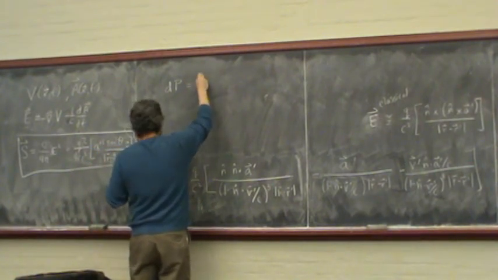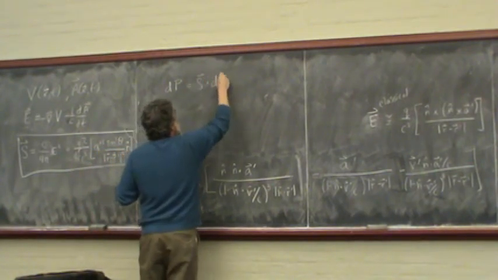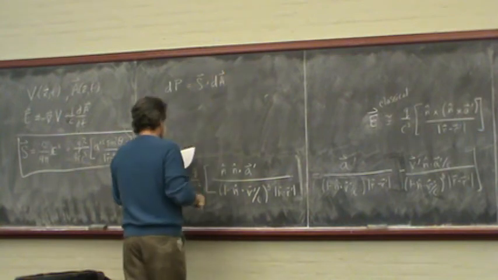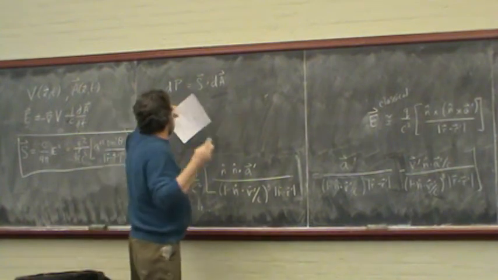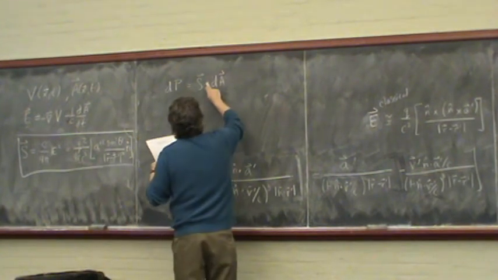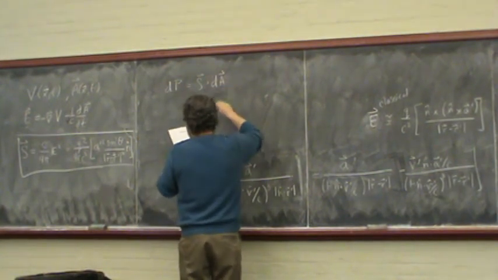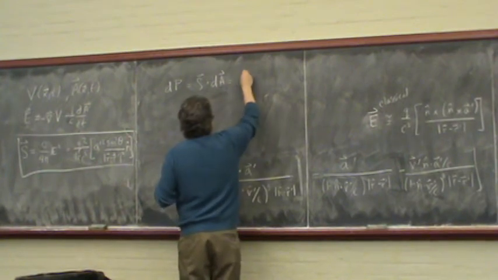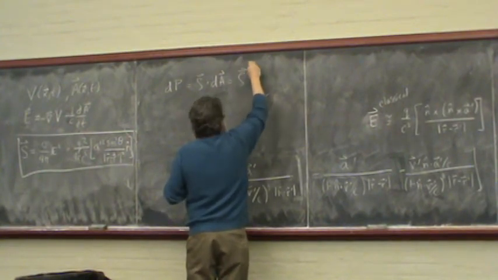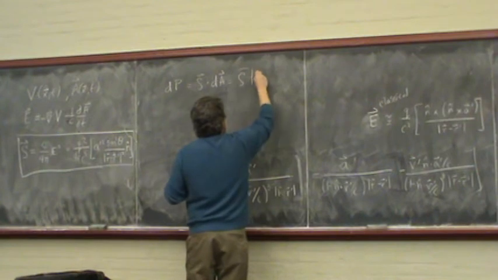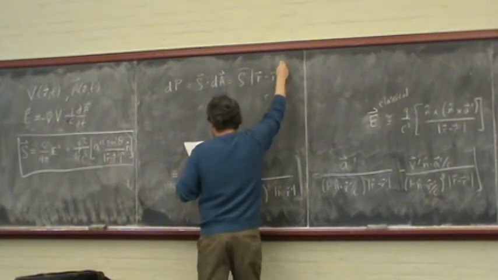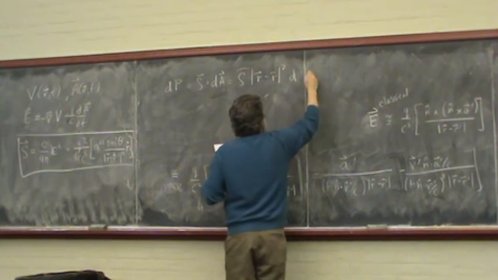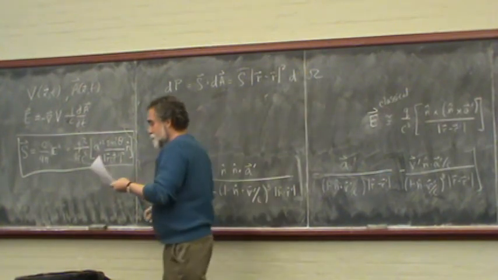So I can write this as S dot dA integrated, and that would be the power. In an area of dA, which is the magnitude of the Poynting vector, r minus r prime distance squared d omega.